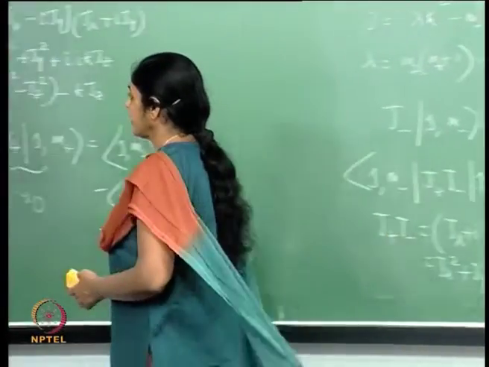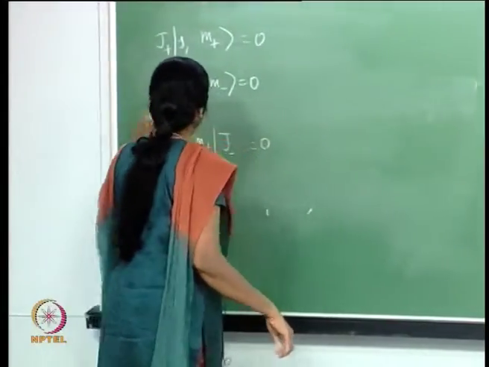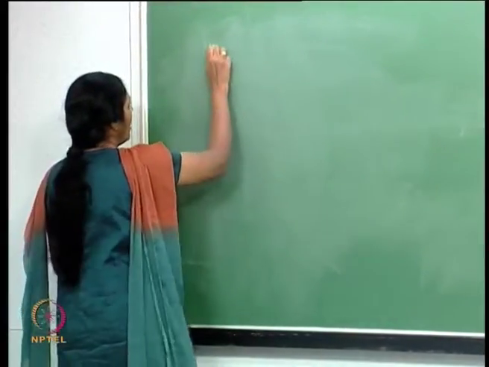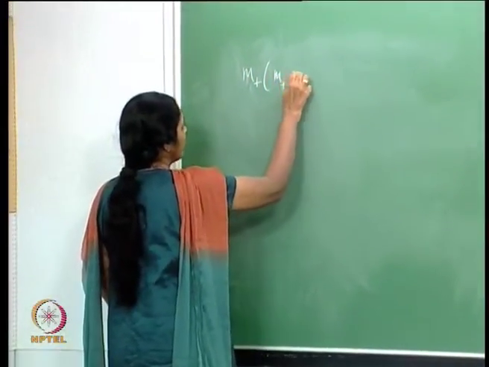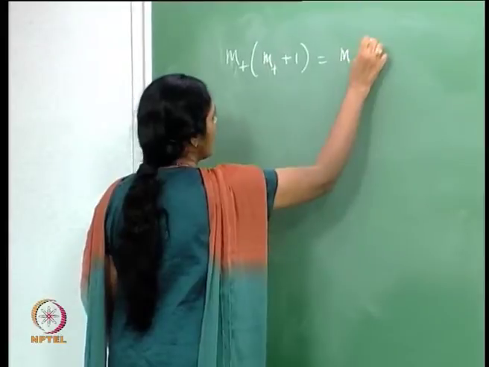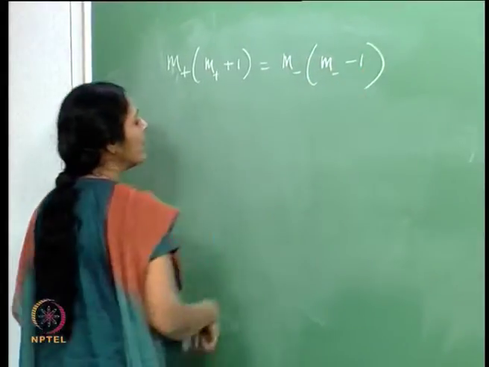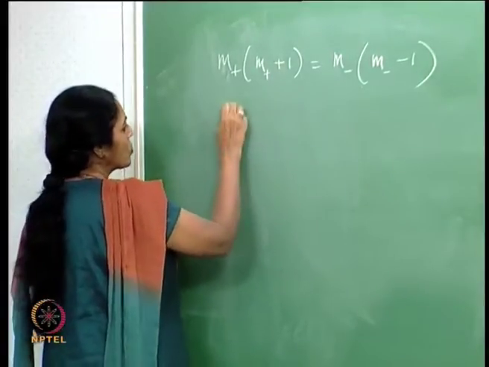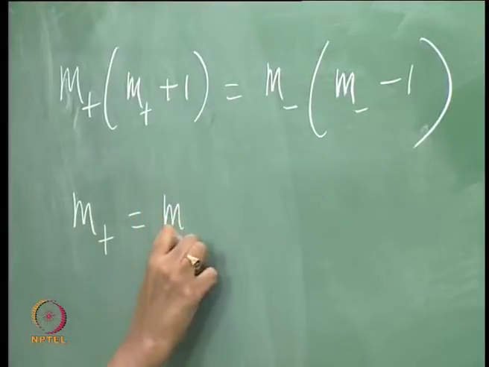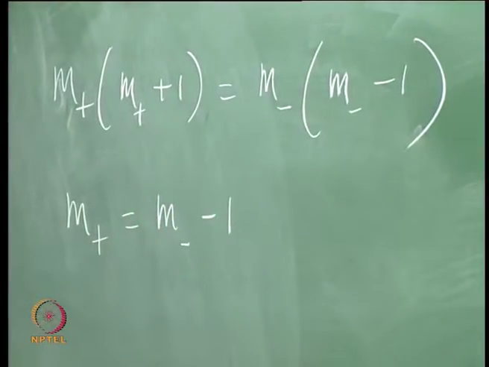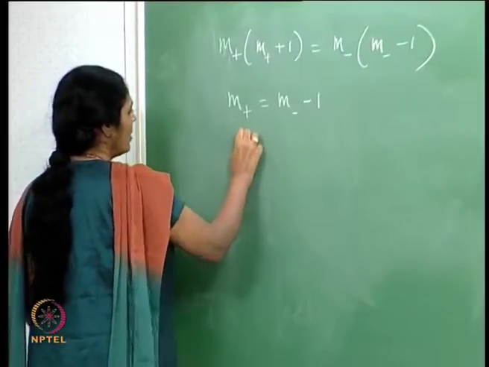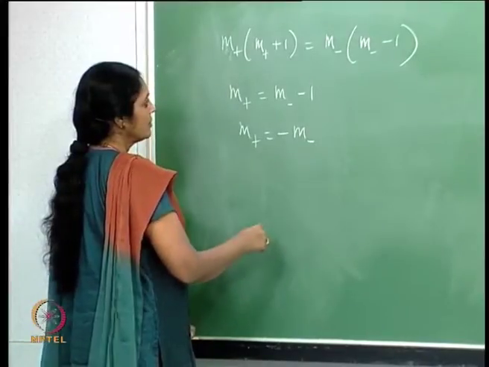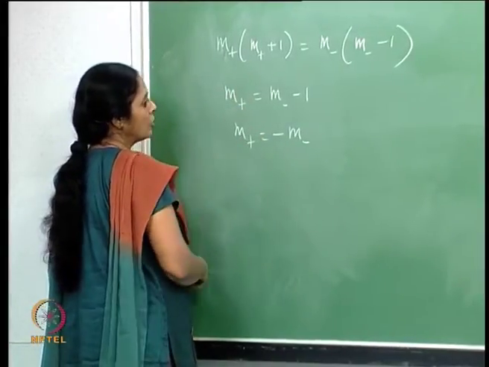Since these two are equal, I have m plus times m plus plus 1 is equal to m minus times m minus minus 1. Well, this tells me the following. I can have one of two solutions. I can have m plus is m minus minus 1. Certainly that is satisfied, or m plus is equal to minus m minus. This is another possibility.